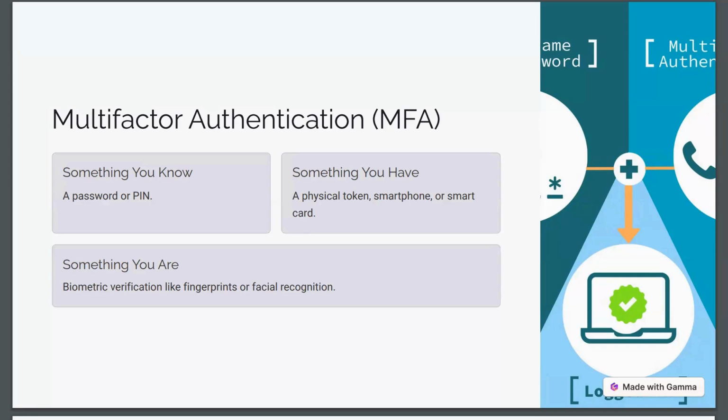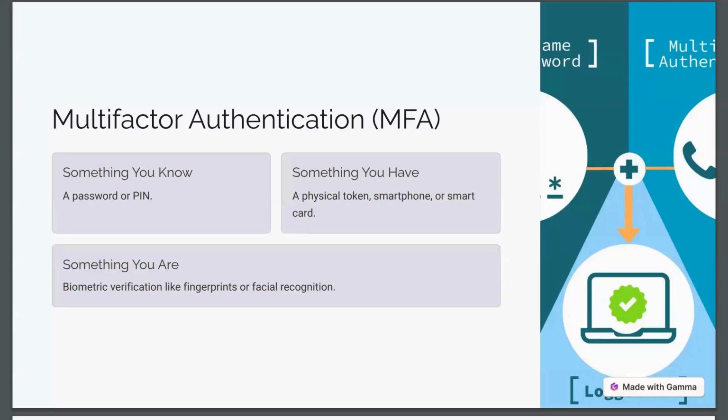Okay. We have password alternatives. These are things that enhance the security besides just a regular password. And one of these things which you all use is MFA, multi-factor authentication. So this requires you to provide 2 or more verification factors to gain access into your account. It's like an extra layer of security.